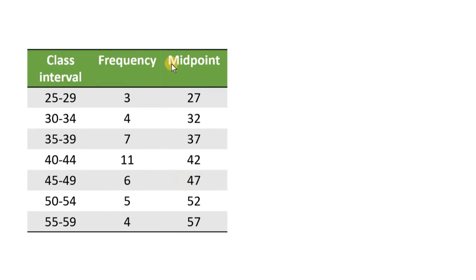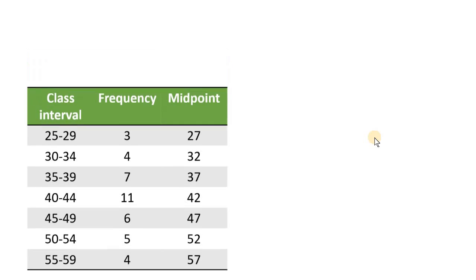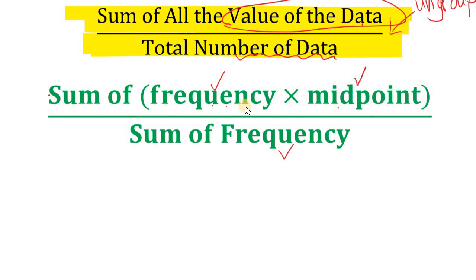First we have the values. I'm using the same data, if you refer to the previous video. So I have a class interval, I have a frequency, and in the previous video I already found the midpoint. Based on the table I have, I want to calculate the mean. So the mean is equal to the sum of frequency multiplied with midpoint.